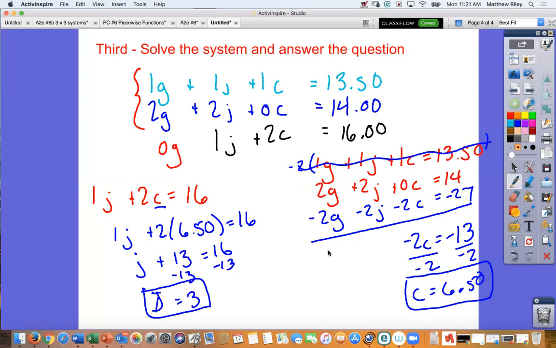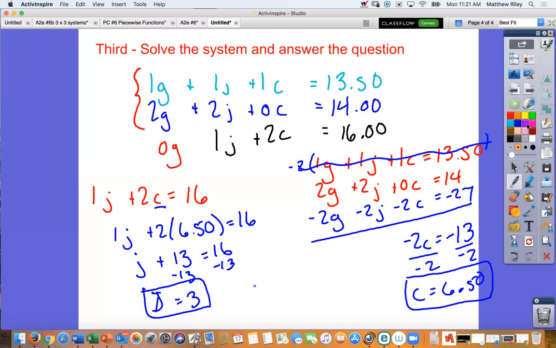Once I have two of the variables, all I have to do is plug it back in. Remember, I'm trying to find G, so whichever one you think is easiest. I can plug it into the top one or the middle one. I can't plug it into the bottom because that already had 0 G's. So I will plug it into the top.